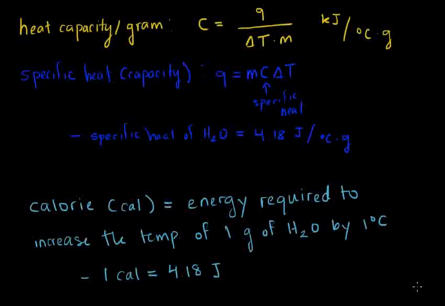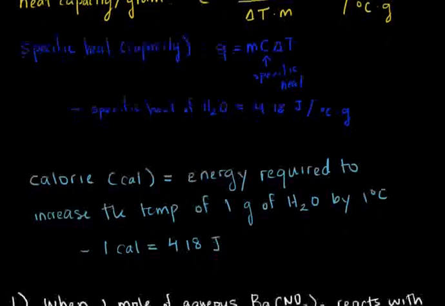So in effect, it's just equal to this quantity right here. 1 calorie is equal to the specific heat of water. Now, when we look at calories on the back of foods, and we see something like 200 calories, that's not 200 times 4.18 joules, that's actually 200,000 times 4.18 joules. The calories we see on the back of foods are what we call kilocalories, so 1,000 calories, but that's sort of beside the topic of this video.